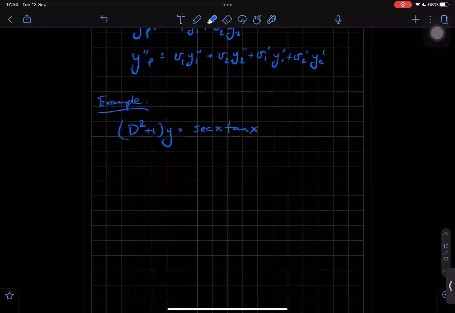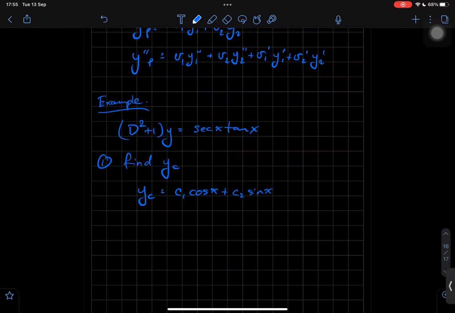Since this one is constant coefficient, I can find yc, which will equal c1 cos x plus c2 sin x.